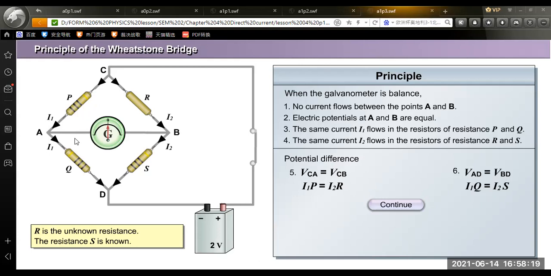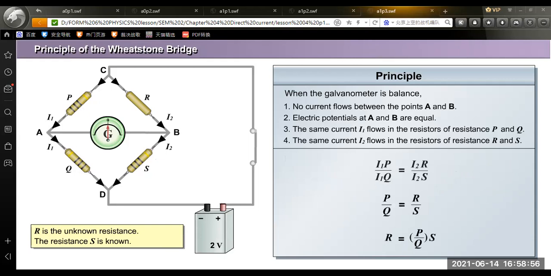The potential difference across AD will be equal to the potential difference across BD, where I1 times P equals I2 times R. And this is the first equation. I1 times Q, the resistance of Q, is equal to I2 times S.